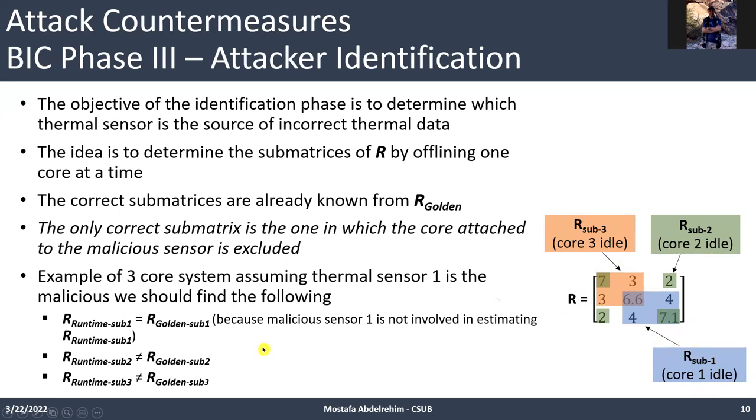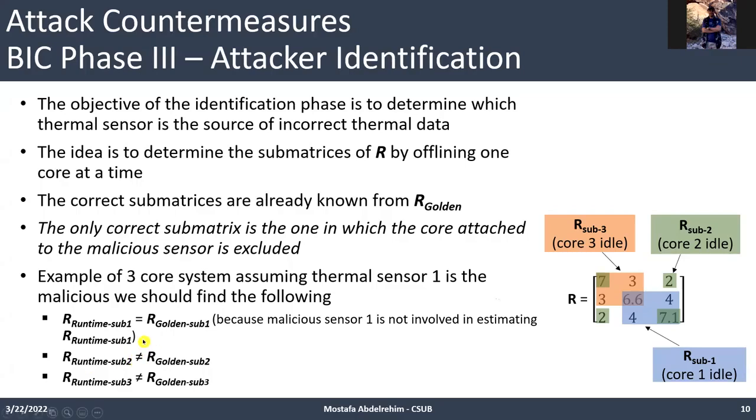So now the idea to detect the malicious sensor is that for the core that we exclude, we exclude its thermal sensor reading. So if its thermal sensor is the malicious one, then we excluded the malicious reporting, so the R submatrix that we're gonna estimate will be the correct one.